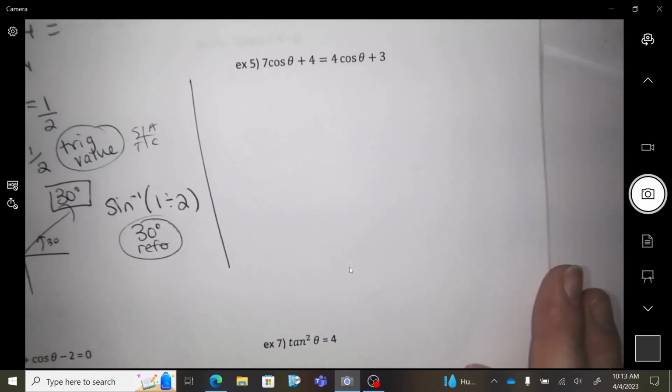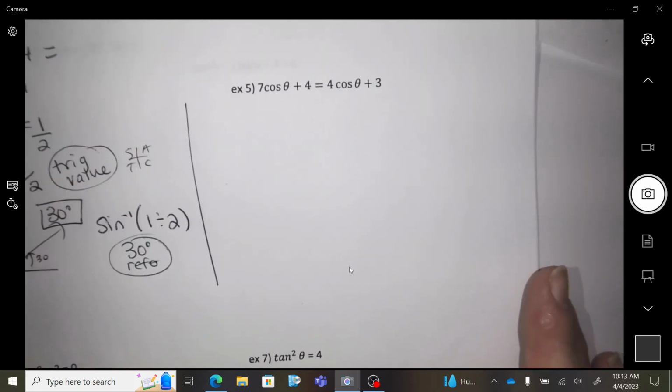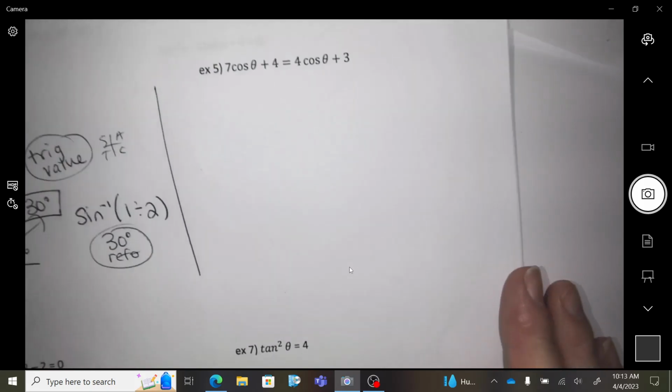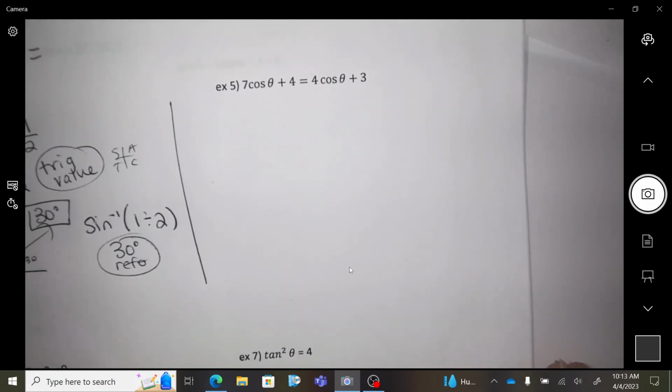Okay, number 5, algebra branch. Where are we? Just one variable. So I'm going to isolate, so I got to get the one variable together. What do you want to do to group stuff? What's the best first maneuver?